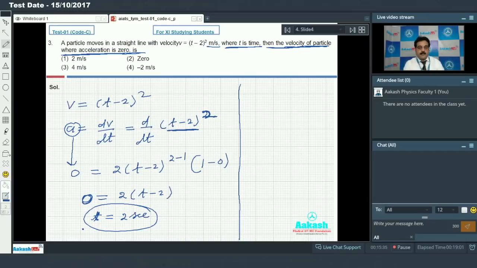So this is the time when acceleration is 0, but at that time I need the velocity. Velocity is (t minus 2) whole squared. If I place the value of 2 seconds, 2 minus 2 gives you 0. So this is your final answer. The velocity will be 0 where acceleration is 0. So my option number 2 will be correct.